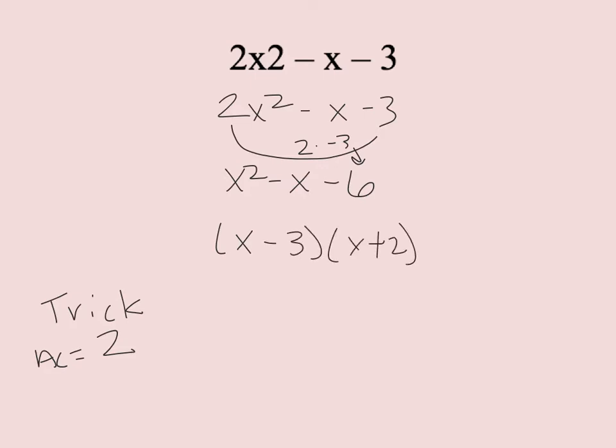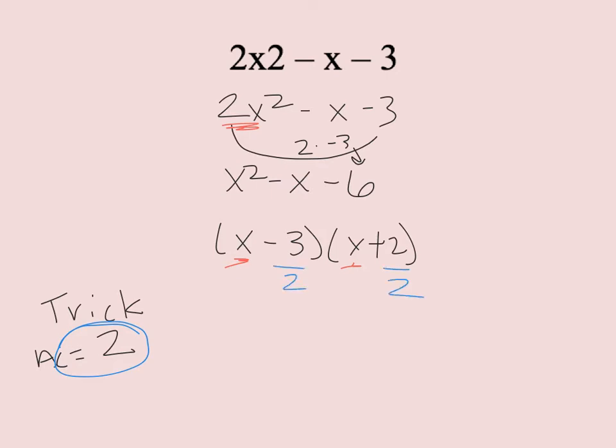This is not my final answer. You can always check your work. Your first two terms should match up with the original first term. And x times x is not 2x squared. So this is where the tricky part comes in. So I have to bring back this 2. You multiplied, so to bring it back you have to divide. You have to undo what you did.